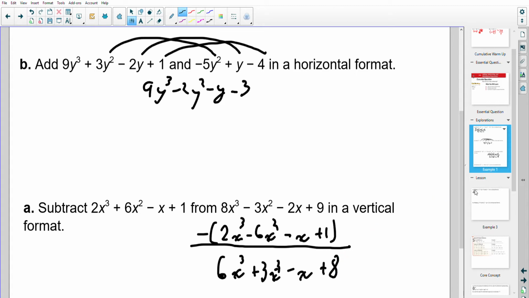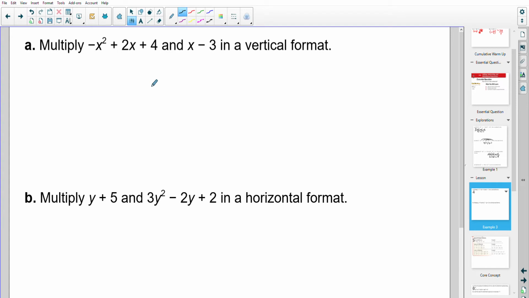Now, you can also multiply in the vertical or the horizontal format. So when I multiply in a vertical format, you would multiply just like you would regular numbers. Negative 12, negative 6x, positive 3x squared.